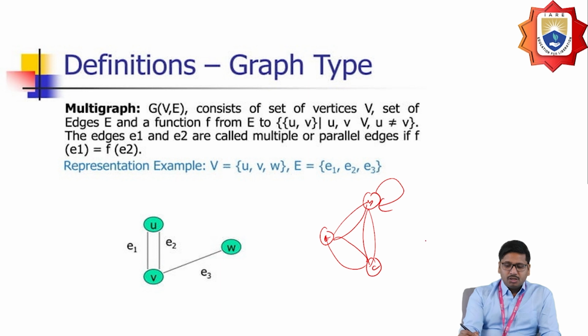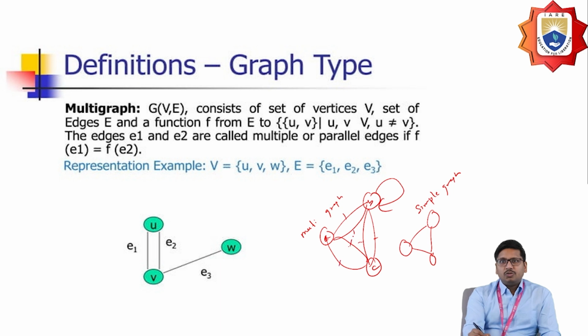Whenever a graph does not have any multiple edges, it is called a simple graph. Since this graph has multiple or parallel edges between vertices, it is called a multigraph.